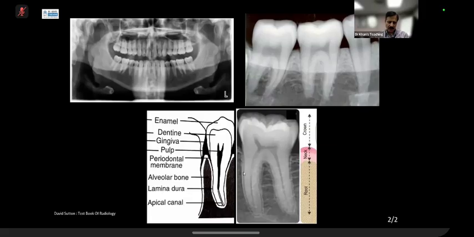And then there is a sclerotic line, which is the lamina dura. If there is a lucency here, if this line is missing, it means some process, some destruction has happened.